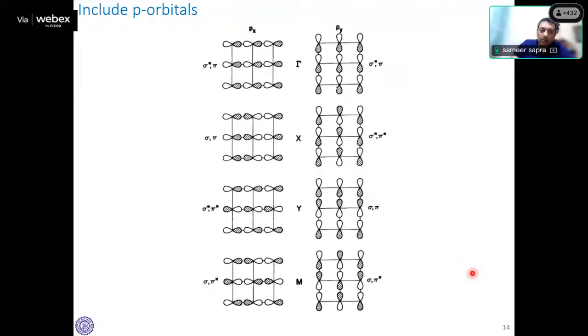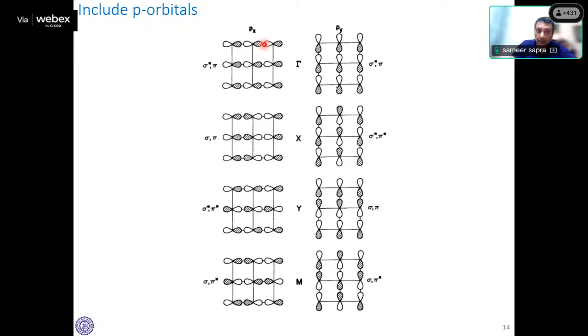Now, what you need to do is to worry about including more orbitals. You know that in the dispersions, it's not just one orbital, but a lot of orbitals are involved, and all of these are going to interact with each other. Right now, I've not made them interact. This is your px. How do the px orbitals interact amongst each other?